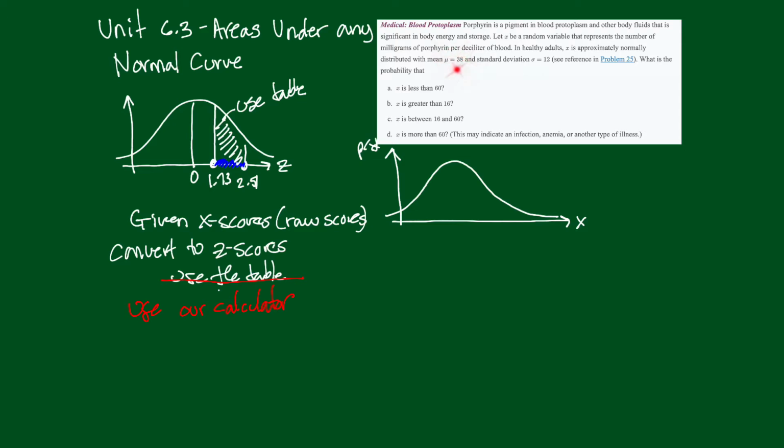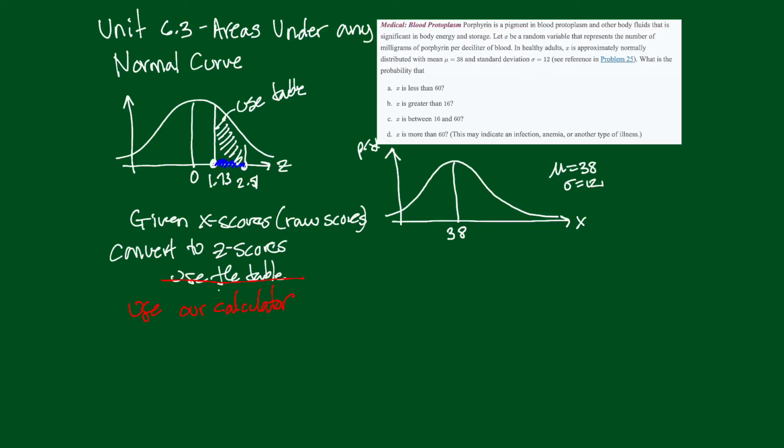I know that the mean is 38, so the high point here is 38. And the standard deviation is 12, so I'm just going to write this down here so I have it. Mu is equal to 38, and sigma is equal to 12.